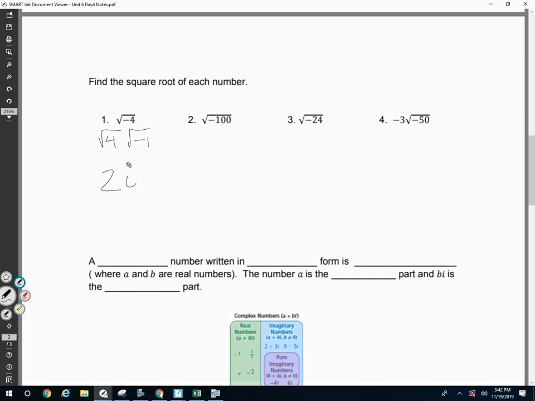So don't worry about the negative. We're going to split off the negative and just worry about the positive 100. It's 10, and then the square root of negative 1, which is what we'll say is i. So we will write this as the positive number times the square root of negative 1. This can be written as 10i.